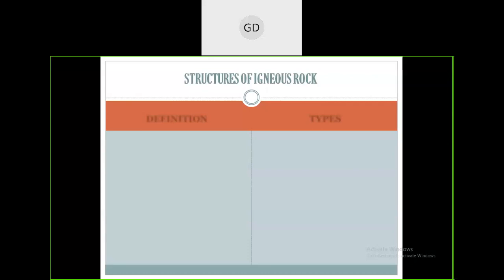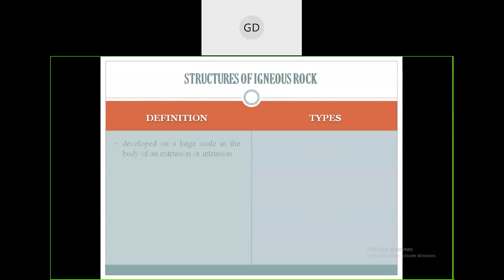Now, those features of igneous rocks that are developed on a large scale, below the surface of the earth or at the surface of the earth, due to this lava or magma, give some very different shapes or forms that are known as structures. First is the definition and second is the type.